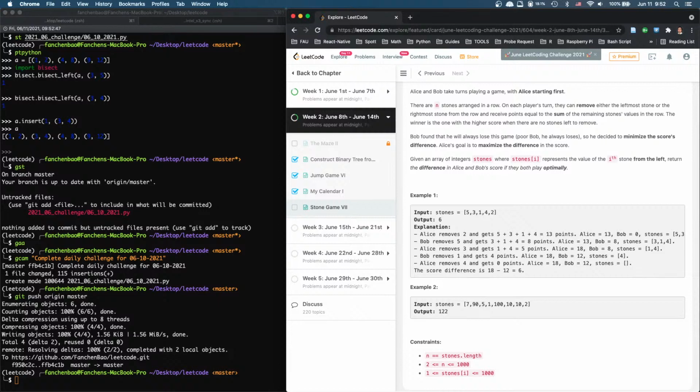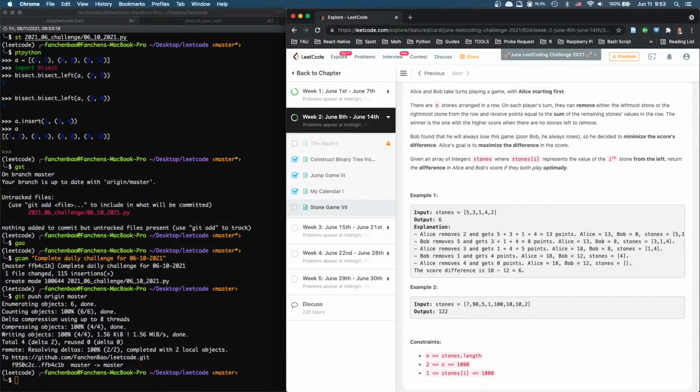But that's not what Bob is trying to optimize, because he knows he's going to lose. So even if he tries, because Alice goes first, right? When Alice goes first, there's always a chance for her to get more points in the first round. Each round, Alice is always going to get more points than Bob.